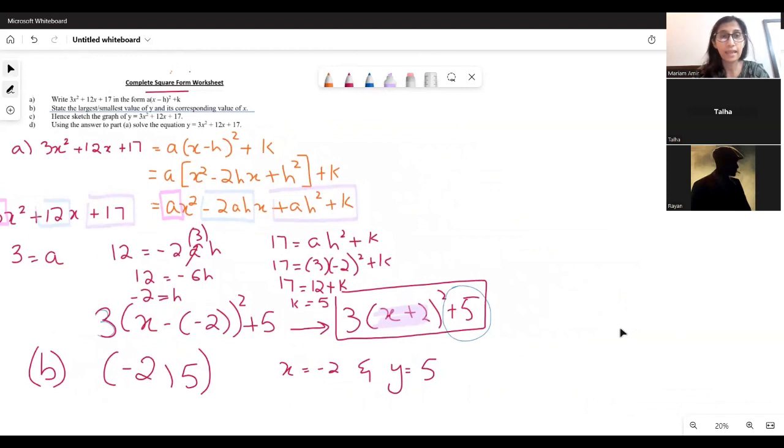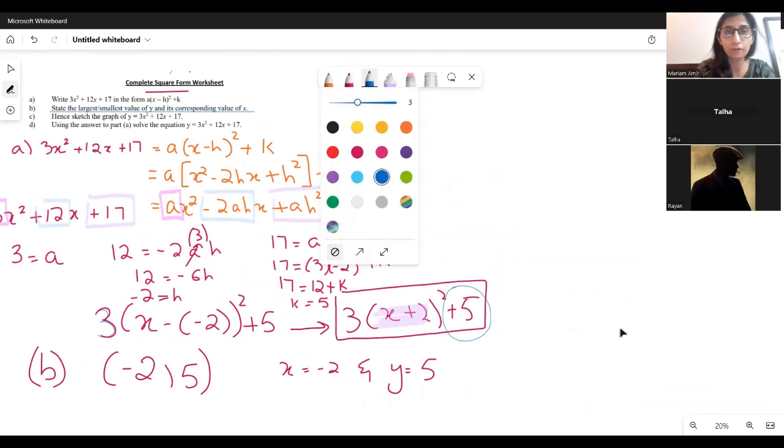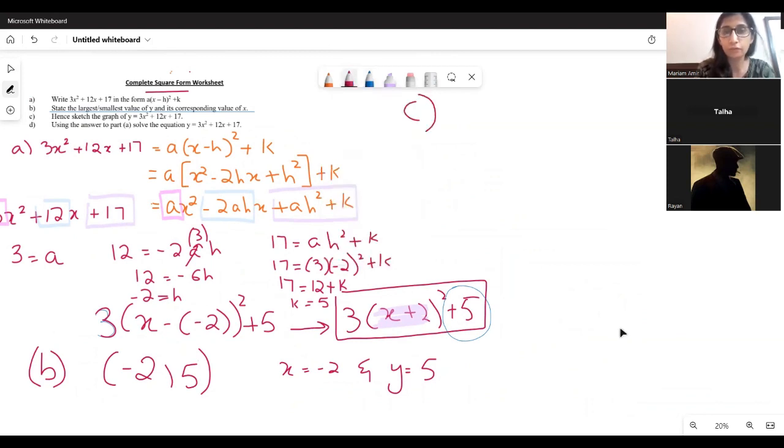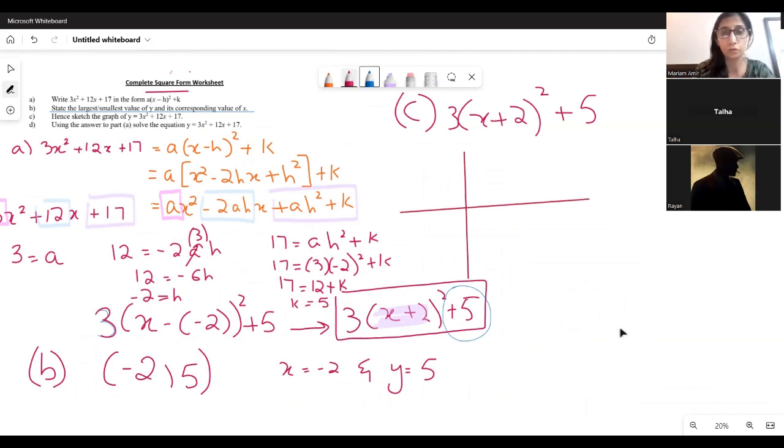Part C says, hence sketch the graph of 3x² + 12x + 17. If you have the completed square form, you don't have to use the method we learned yesterday to sketch the graph. Here we use transformations. So we know the turning point: −2, which is here, comma 5, which is here.